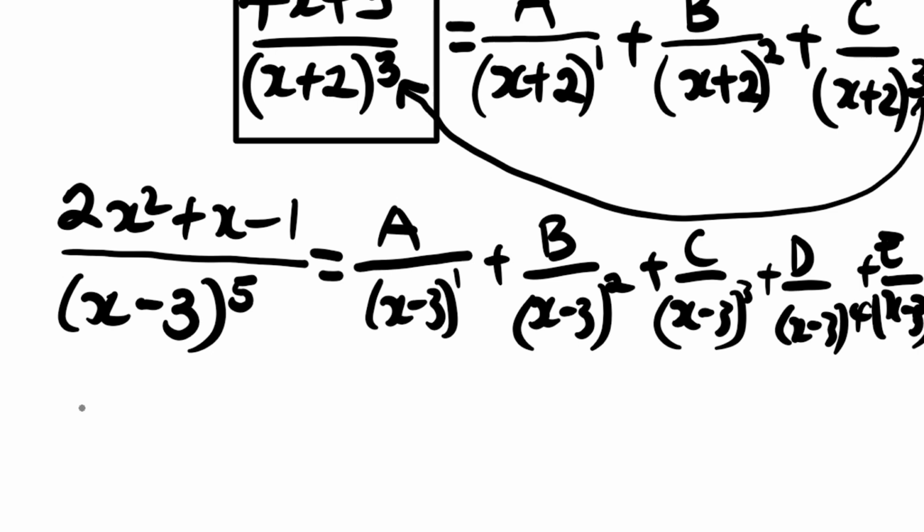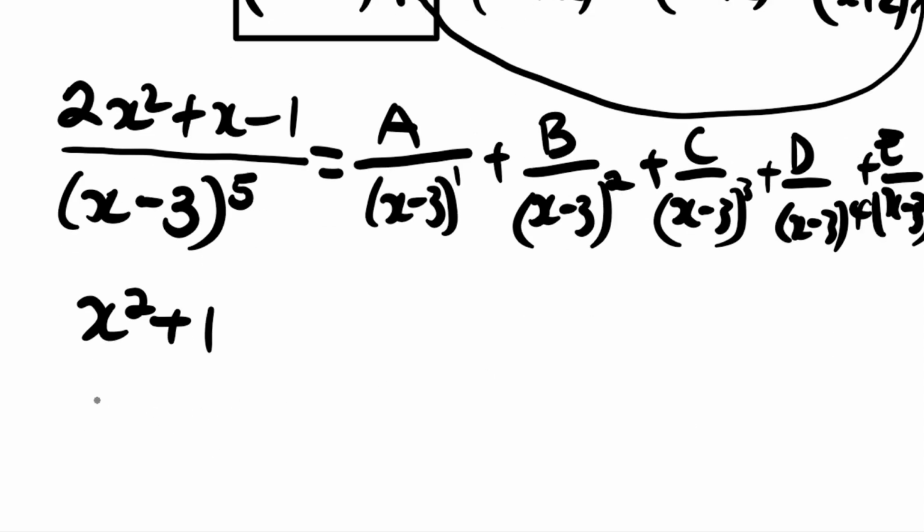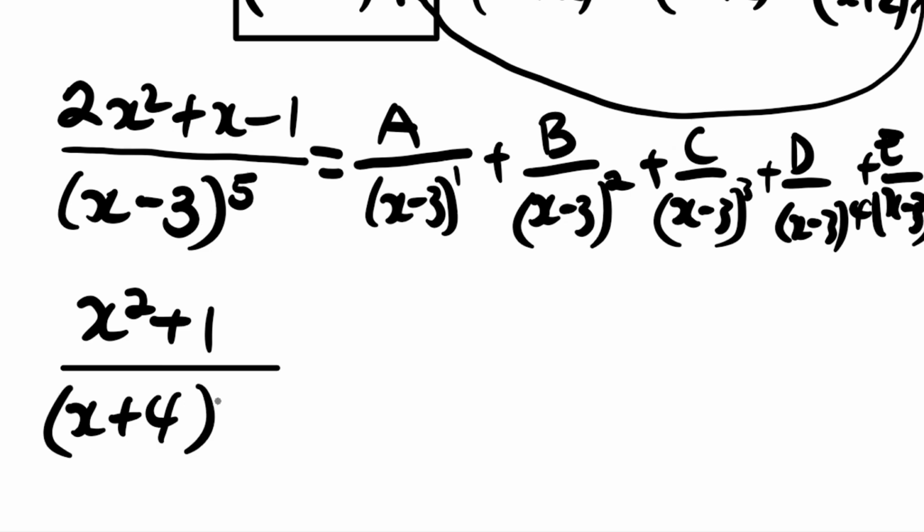Let me look at another example. We have x squared plus 1 all over x plus 4 all to the power 2. Let me just make it simple as 2.